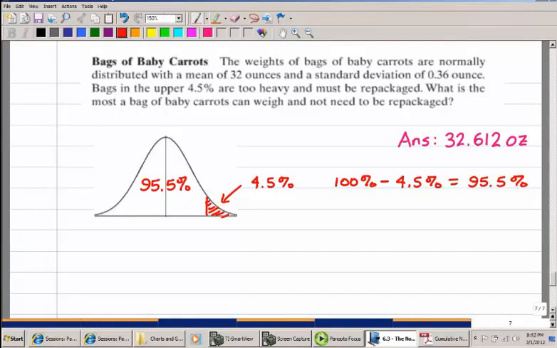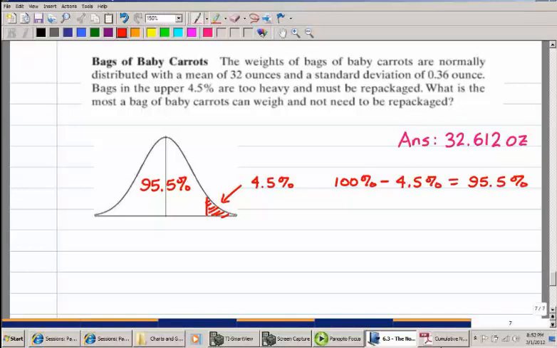As an area, it's 0.955. So I'm going to go to the chart. I want to find the closest to 0.955. And, oh, well, they're going to be on two different rows, so I can't put them side by side, but 0.9545 and 0.9554. 0.9554 is actually a little bit closer than 0.9545, so we're going to go with that one.